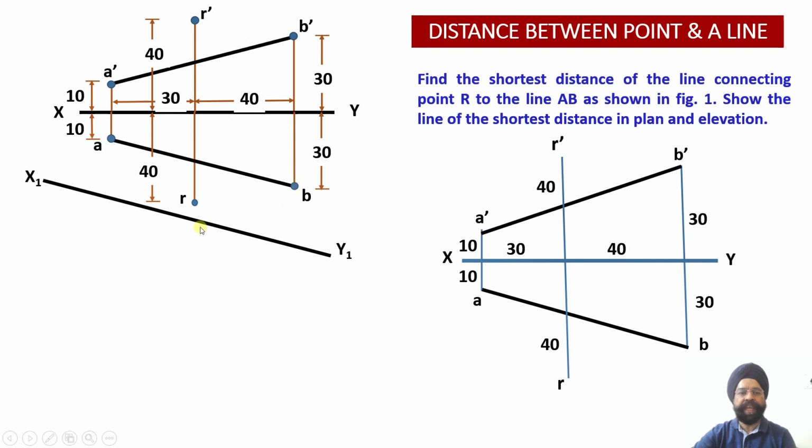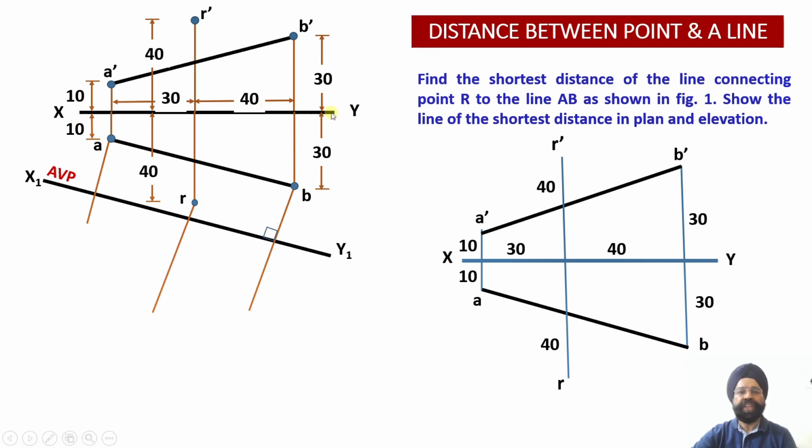Since this is the AVP, the projections obtained on the AVP will be that of the auxiliary elevation.